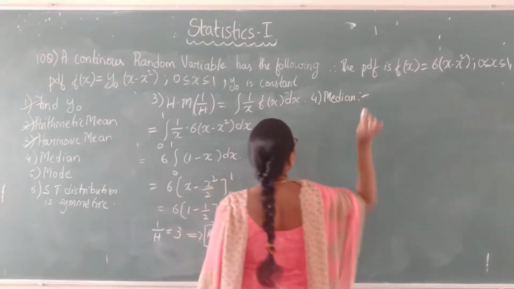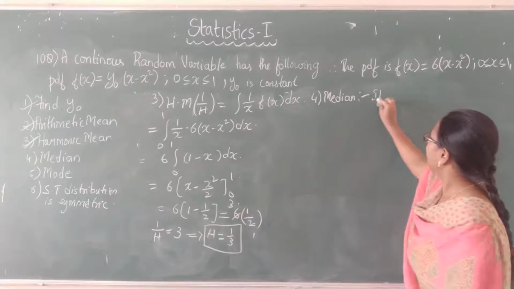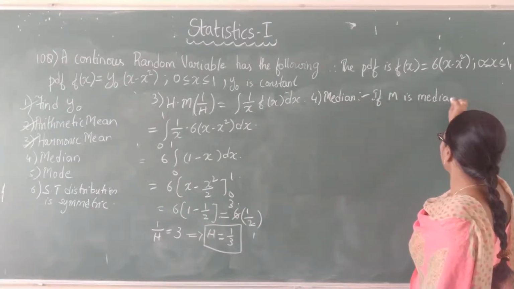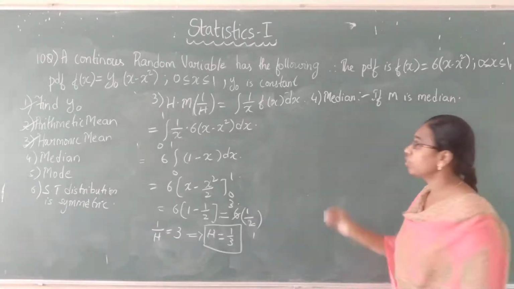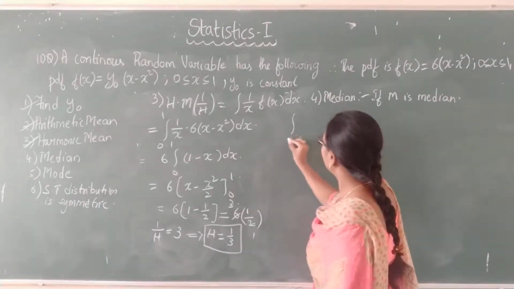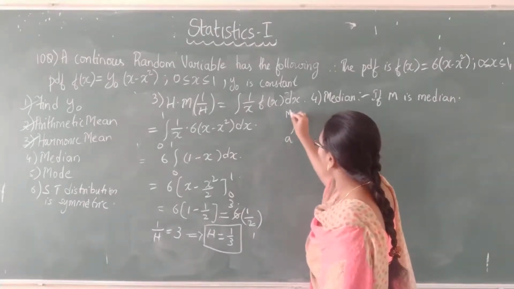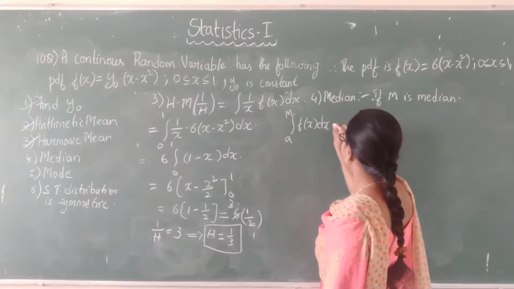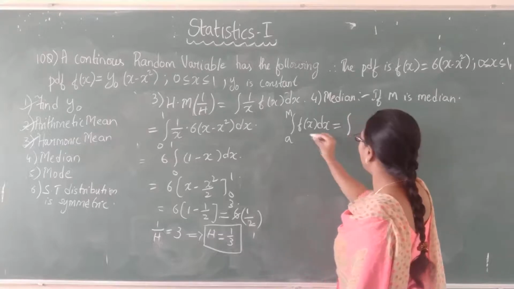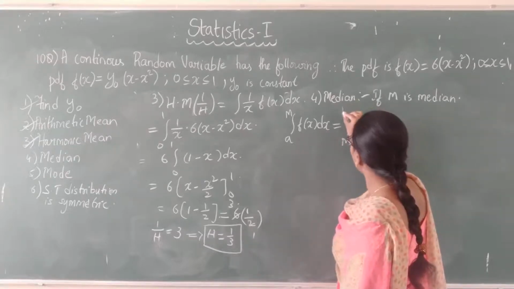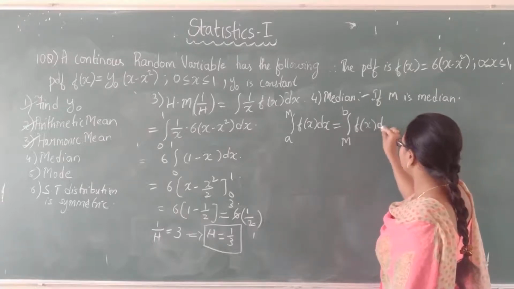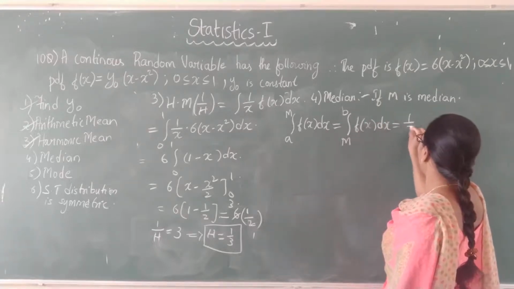So according to the median formula, if m is the median, what is the condition for the median? The integral over a to m, that is, lower limit to m, of f of x dx is equal to the integral from the median to the upper limit b of f of x dx, which equals 1 by 2.